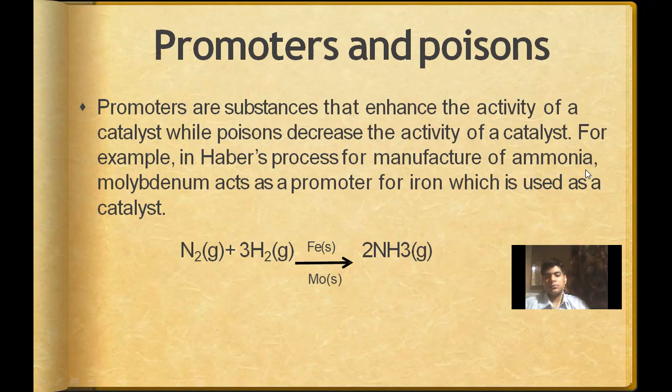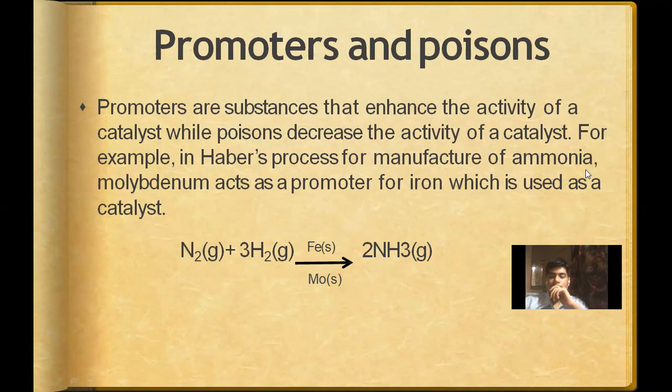When promoters are added with the catalyst, they enhance its activity. In the presence of promoters, catalysts work more effectively than before, but poisons decrease the activity. So whenever we want to stop the reaction, we should add poisons that decrease its activity, which ultimately affects the rate of reaction. Sometimes it can stop the reaction.